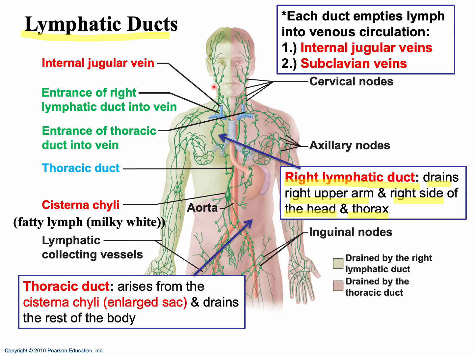So this area all right here. And I could also trace it for you too. So it's going to be this area right here that's drained by the right lymphatic duct.